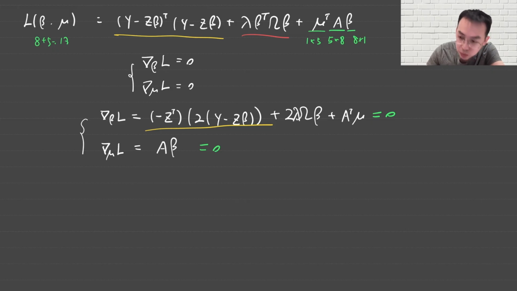We write it as a block matrix of 2 times 2. We're just going to combine β and μ here. That's the parameter.